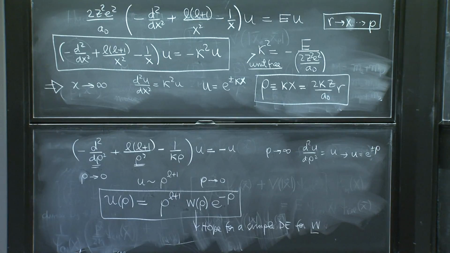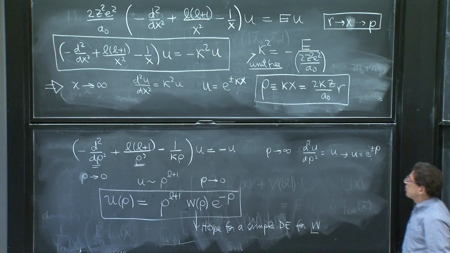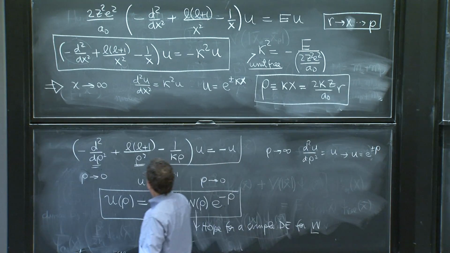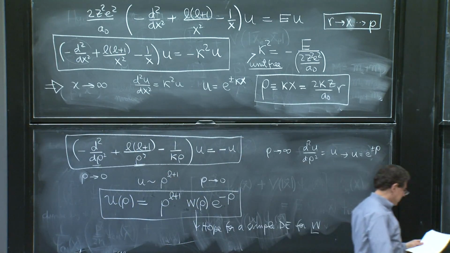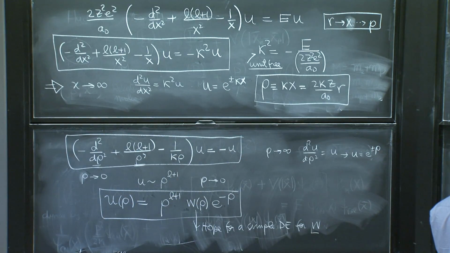Well, we can plug that ansatz into the differential equation that we already have and see what happens. And indeed, that's what we'll do. I'll skip the calculation. In my notes, it took me half a page. And I write big, so it's not too long.